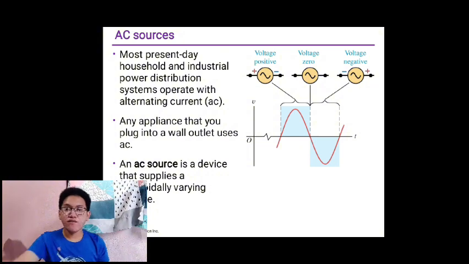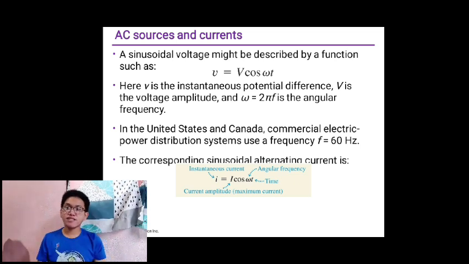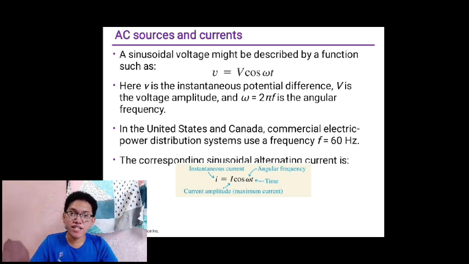For AC sources, the sinusoidal voltage is given by this formula, which will be flashed on the screen, where the instantaneous voltage v is equal to the voltage amplitude times sine of the angular frequency times the time.